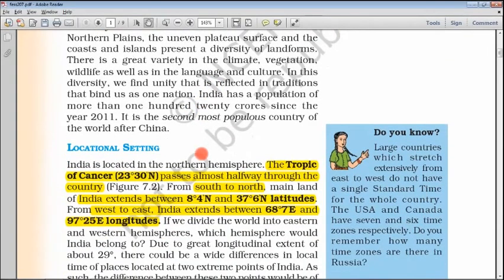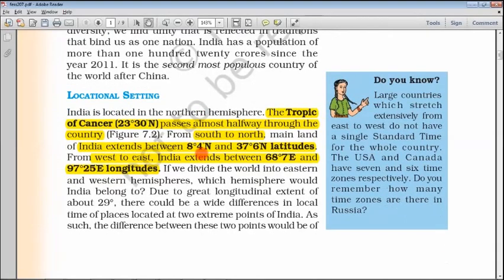So, locational settings. India in terms of latitudinal and longitudinal extent. India is located in the northern hemisphere, and the Tropic of Cancer, that is 23 and a half degrees north, passes almost halfway through the country. From south to north, the latitudinal extent of the country ranges from 8 degrees 4 minutes north to 37 degrees 6 minutes north.